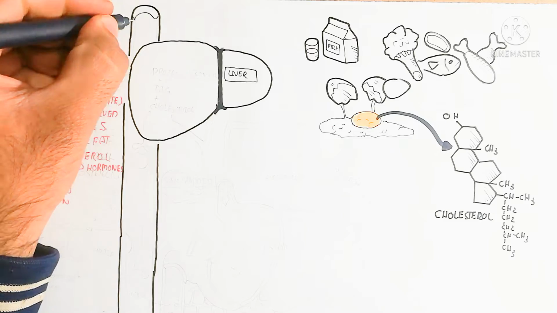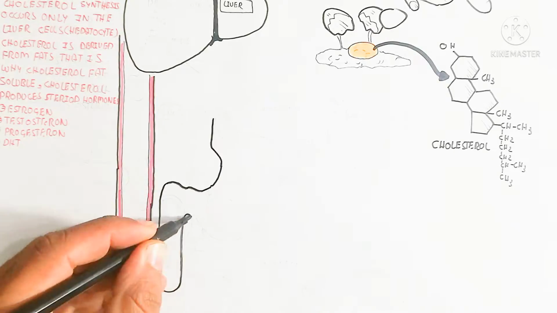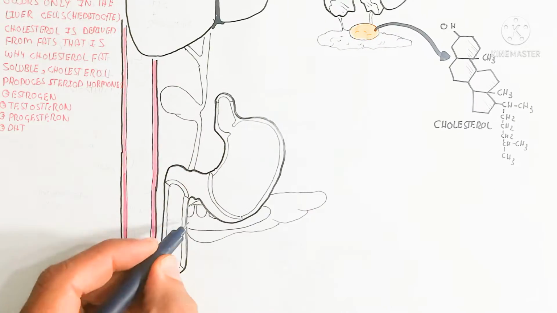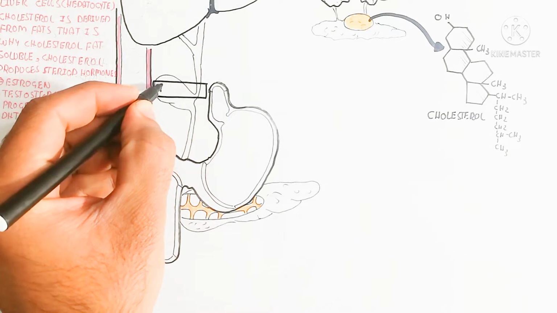So here I am drawing the liver and the blood circulatory system, and here is the digestive system, which is made up of the stomach and duodenum, and the pancreas.